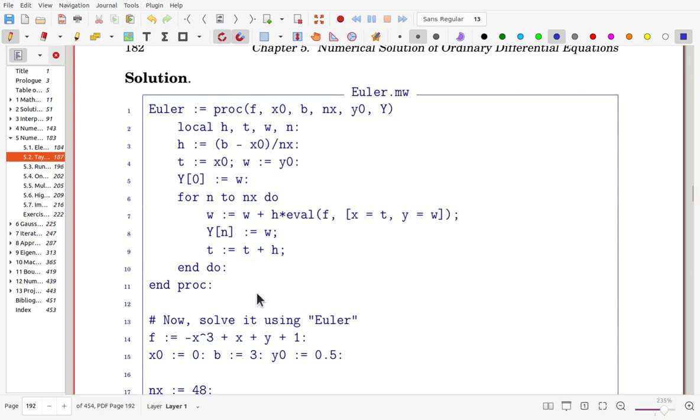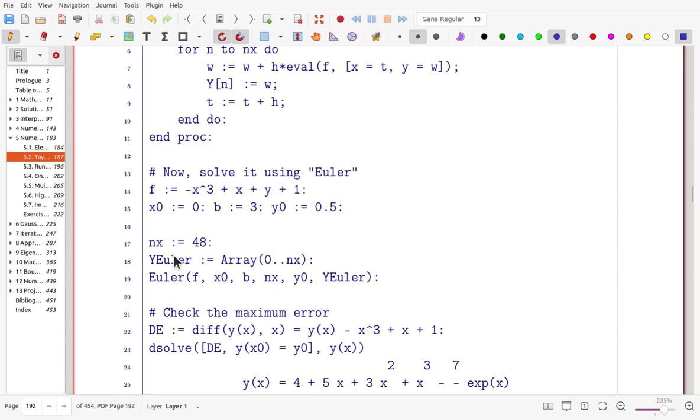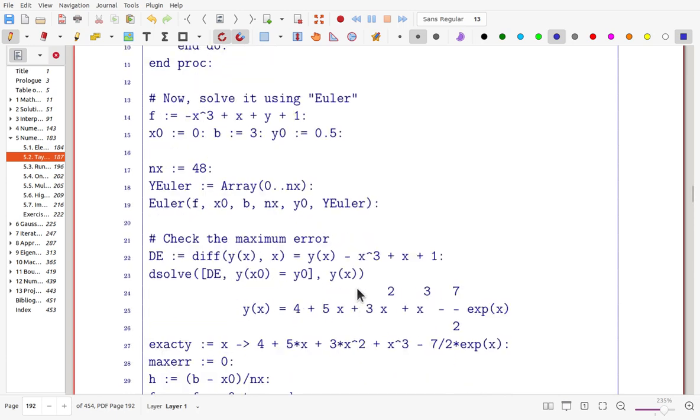That's the Euler method. And here we define f, x0 is 0, the terminal point is 3, and y at x0 is 0.5, and we choose 48 subintervals, which means that h is 1/16. Along with the ODE opened, we call the function Euler.